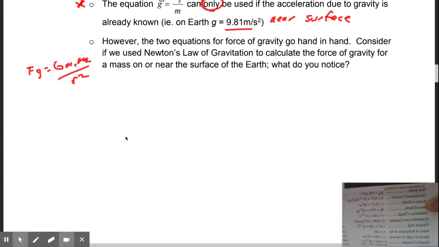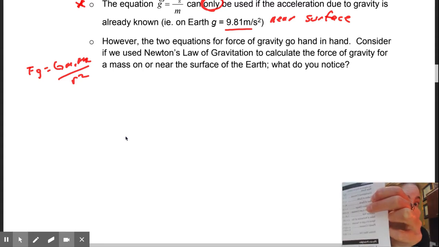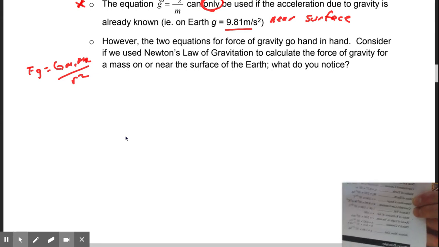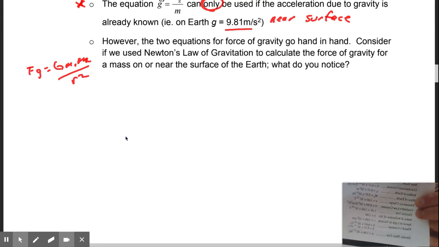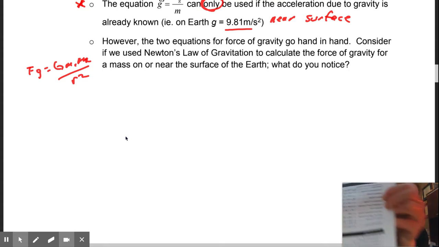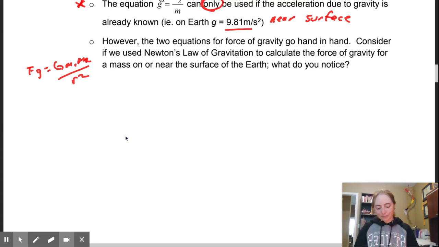So anytime I give you a question and it says Earth, I've already given you the radius, or at least part of the radius, and I will have given you one of the masses that you need to use. Okay, so those values are right there. Don't forget that they're going to be valuable to you.